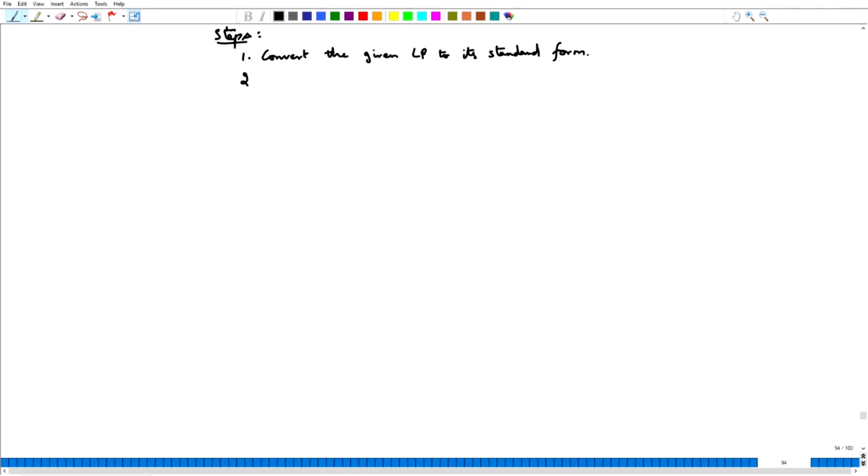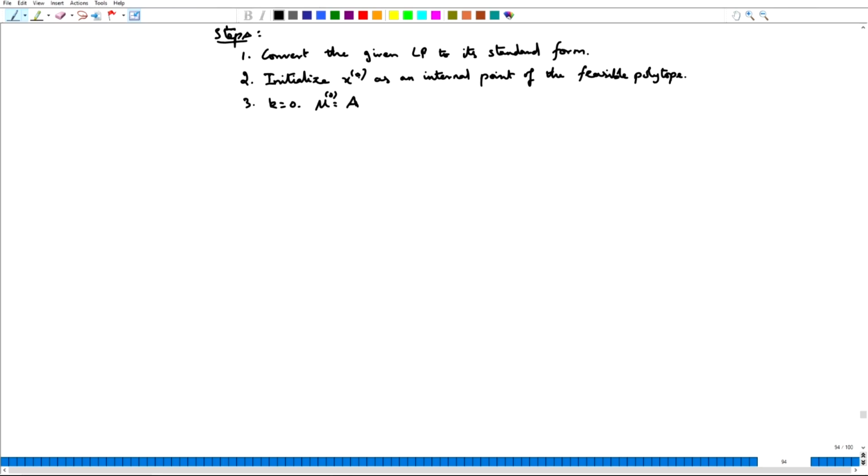Okay. So, we have to initialize x0 as an interior point of the feasible polytope. And you can initialize k equal to 0. From here you would have got x0 as well. So, I will write capital X0 as diag of x0.